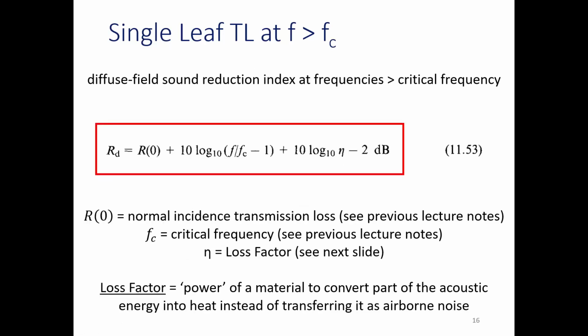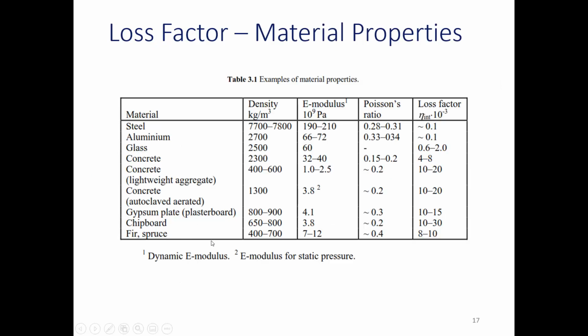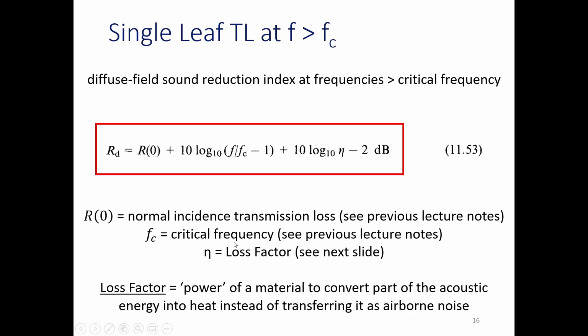That is this one, so it's going to be that incident sound, normal incidence transmission loss, plus 10 log the ratio of the frequency divided by the critical frequency minus 1, plus 10 log the loss factor minus 2.